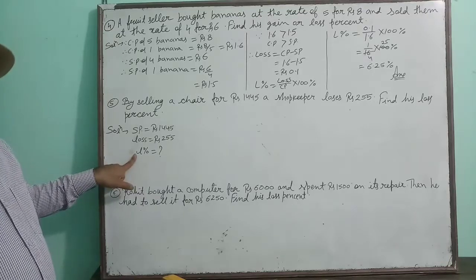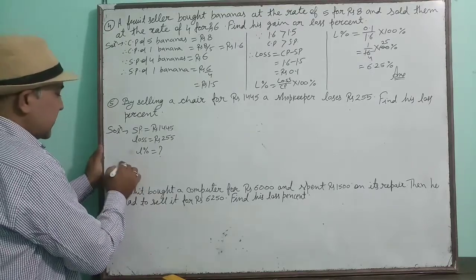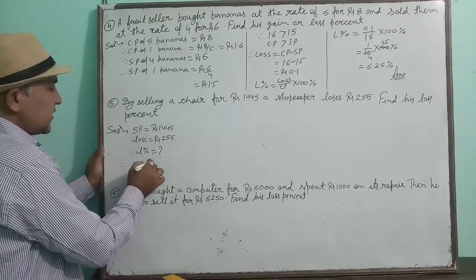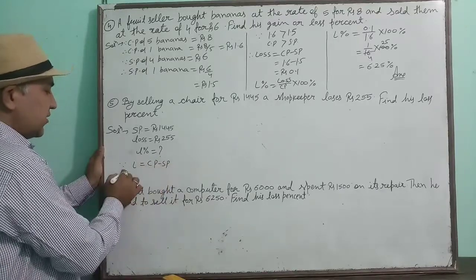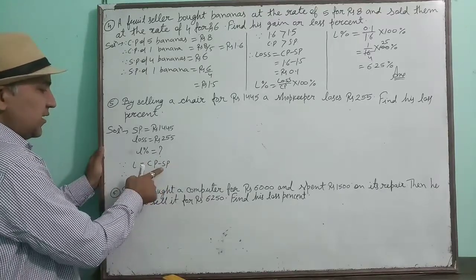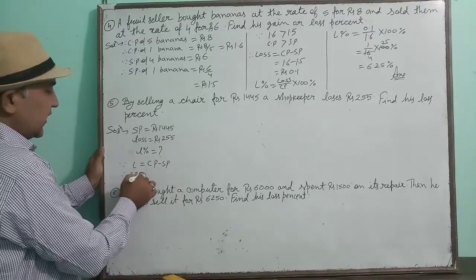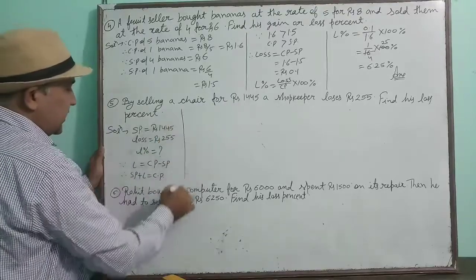Now see children, to find the loss percent, first we have to find the cost price. See how to do. We know that loss is equal to cost price minus selling price. So from here, selling price is transferred this side. Then you will get selling price plus loss is equal to cost price.